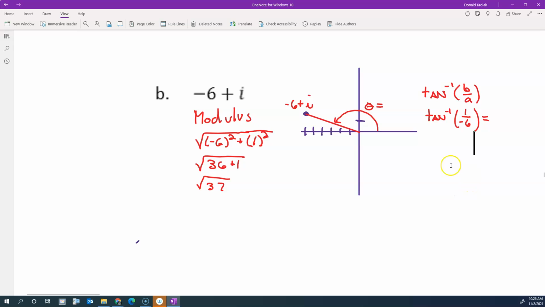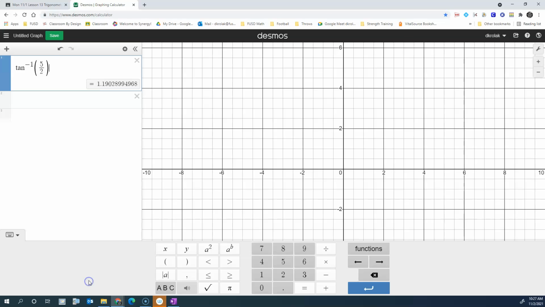Now we're going to do this in radians, guys. So when we get the answer, it's going to give us a negative tangent. All right. So on our calculator here, tangent, and this is 1 over 6, and it's negative.